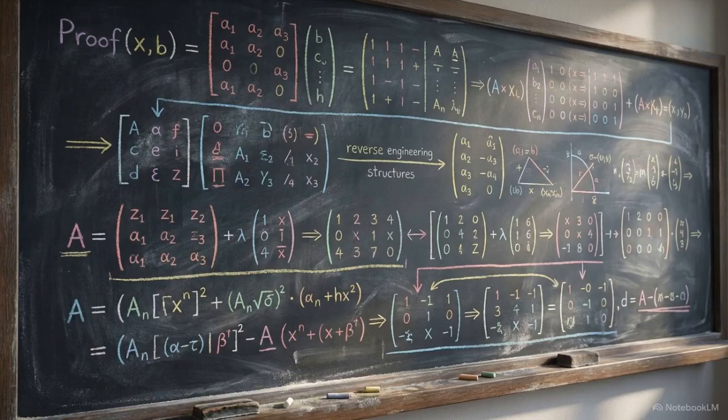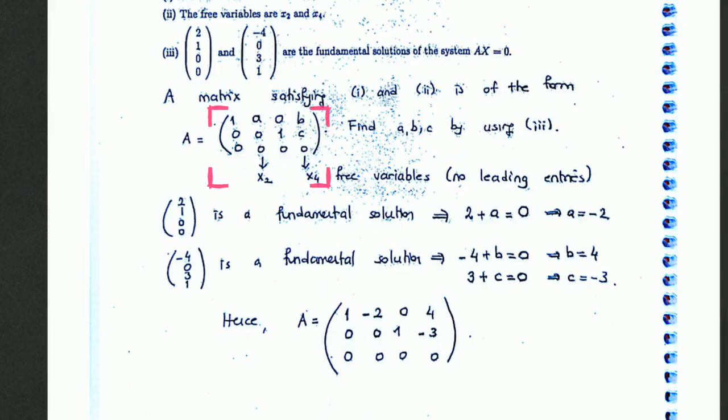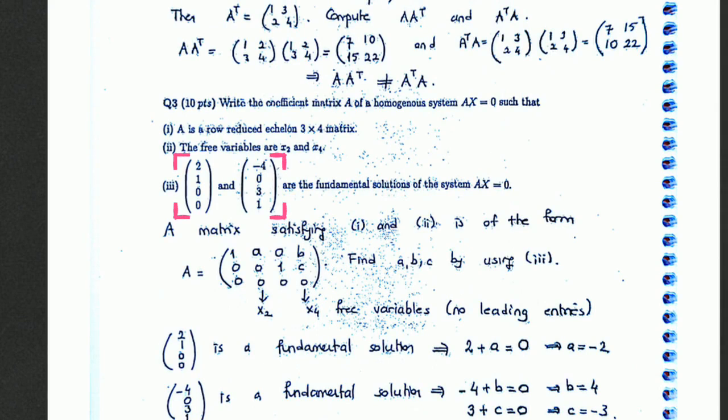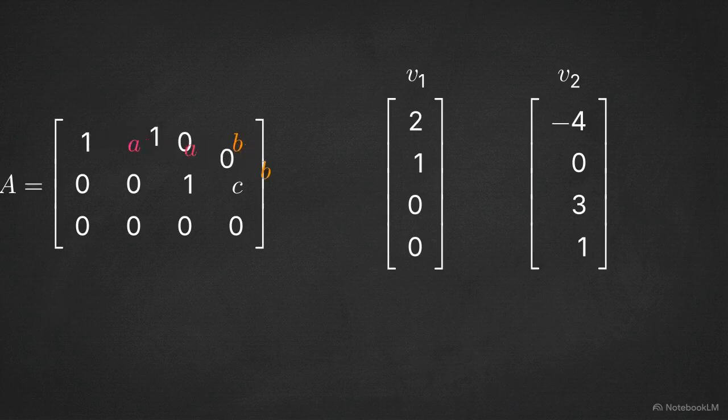The third typology works backward, using provided solutions to build the original matrix. We are given a 3x4 matrix in reduced row echelon form, containing unknown variables, A, B, and C. We find these variables by utilizing two fundamental column vectors representing the system's solutions. We compute the dot product of the top row and the first solution vector. Multiplying yields 2 plus A equals 0, showing A is -2.